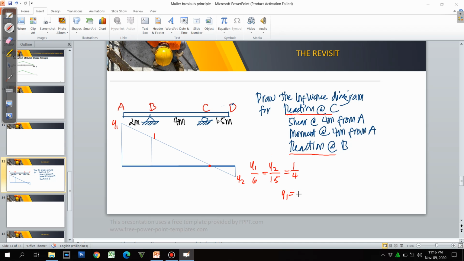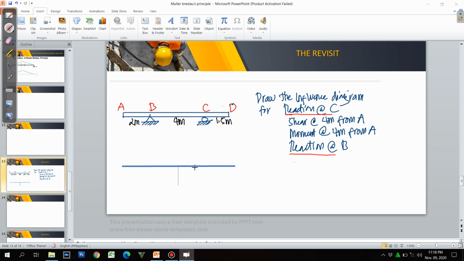That is equal to 6 divided by 4, which will yield 1.5. Similarly, y2 will be paired to 1/4. So 1.5 will just be cross multiplied to 1. So therefore, y2 is 1.5 divided by 4, which is equal to 0.375. So y1 is positive and y2 will be negative since it is below your zero line.